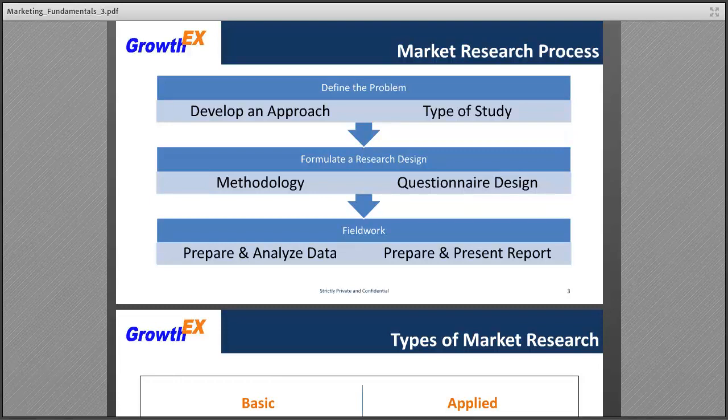Why is my profit not increasing despite the increase in the revenues in a particular geography? So there could be a variety of problems which, as a marketing unit, you may be required to address. Depending upon what the problem is, you will come up with the problem statement which will form the basis of the entire market research process.